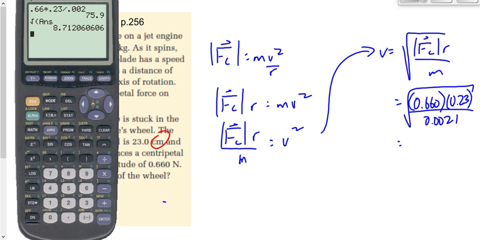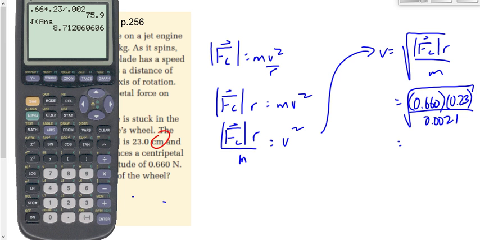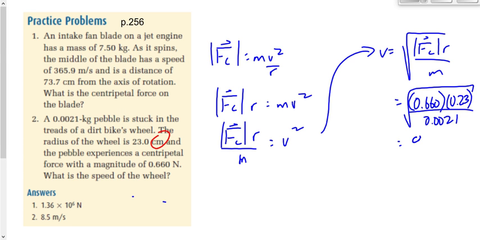What did I do wrong? What, 0.0021? Oh, yeah, okay. I divided by 0.002. So if we divide by 0.0021, then I'm sure it's going to work out to be right. 8.5 was it? Good there?